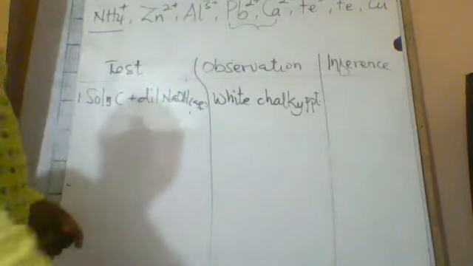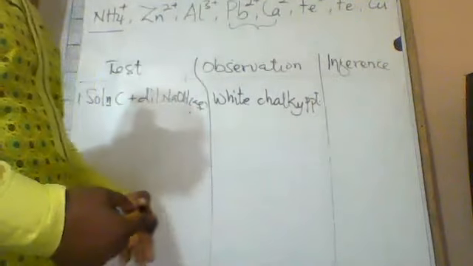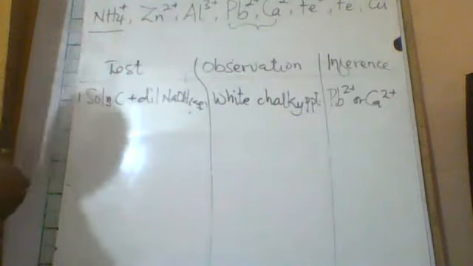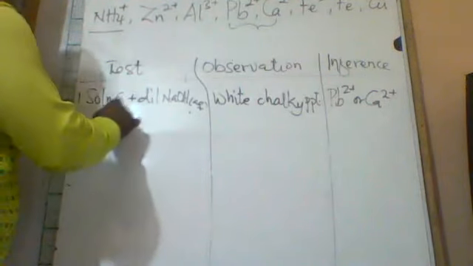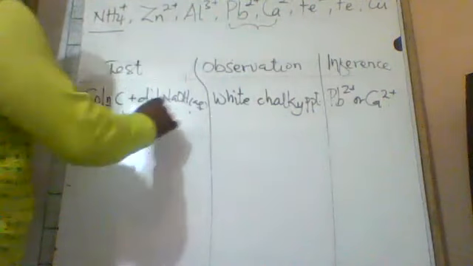So that one, you see it as chalk particles in solution. So this will be giving you Pb2+ or Ca2+. That is 8 drops.